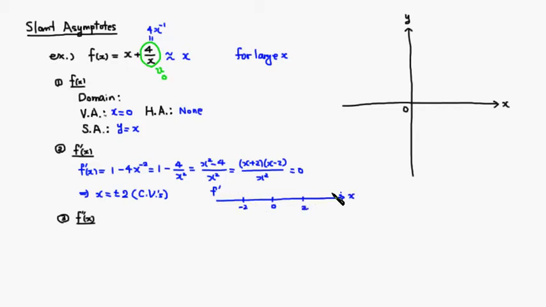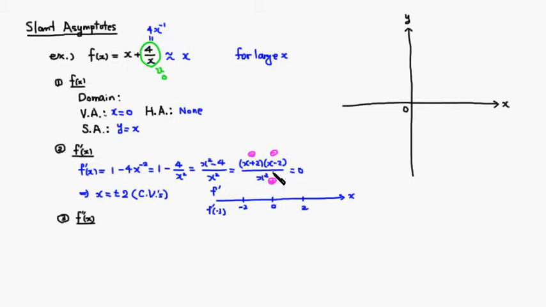Then we look at the sign. For anything smaller than negative 2, we can try negative 3. Putting in negative 3, the numerator factors are negative, and the denominator is always positive because of the square.